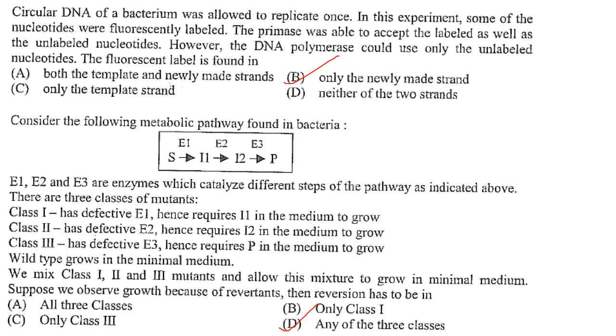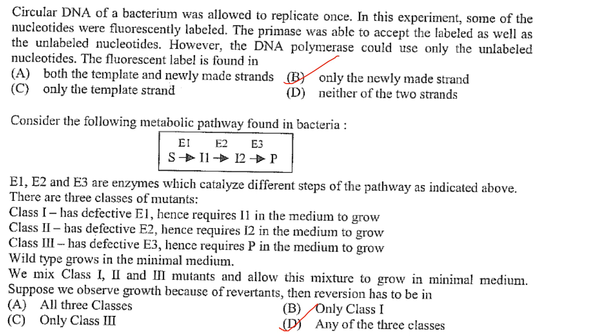Now suppose class 2 mutants, they require I2 for growth. If they got reverted, there will be gain of function of E2 and they can grow in minimal medium. Now class 3 mutants, they require P to grow. So if they revert, they can grow in the minimal medium and produce P.